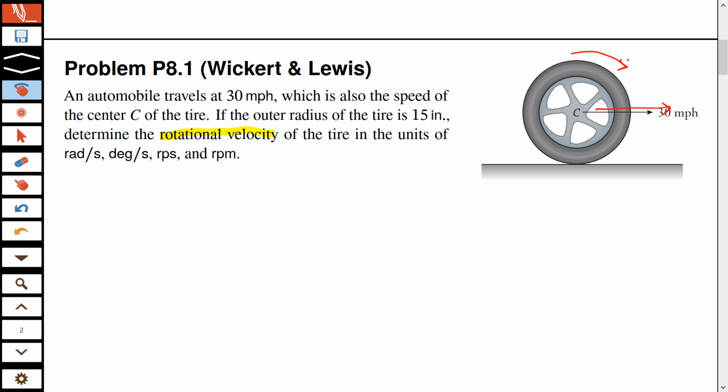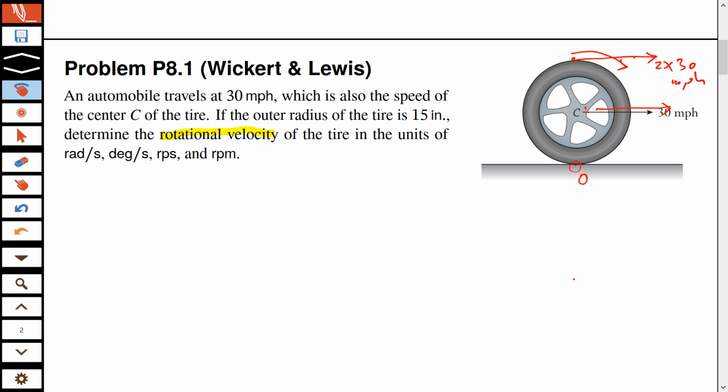So this is only possible if the velocity at the top is 2 times this velocity, which is 30 miles per hour. Yeah, and because this moves with respect to this, and there is no slippage here, there is no sliding, so the velocity here will be 0.